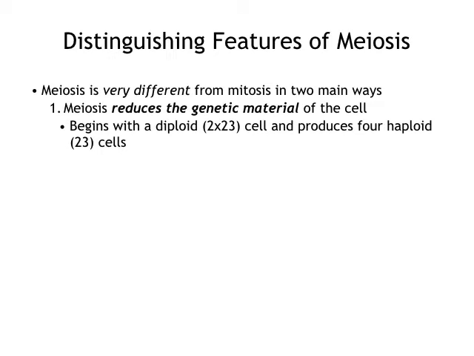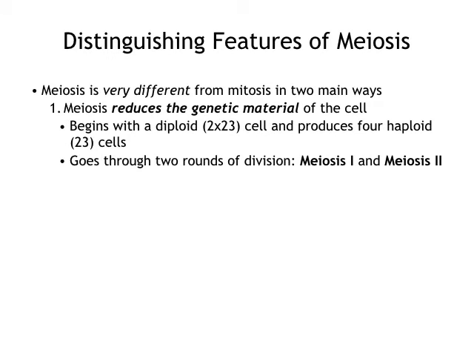Very different from mitosis, where you start with one diploid cell and end up with two diploid cells that are genetically identical. Here, you're producing four cells that have a different number of chromosomes than the cell you started with. You start with a diploid and make four haploid cells. This is because you go through two rounds of division, meiosis 1 and meiosis 2.